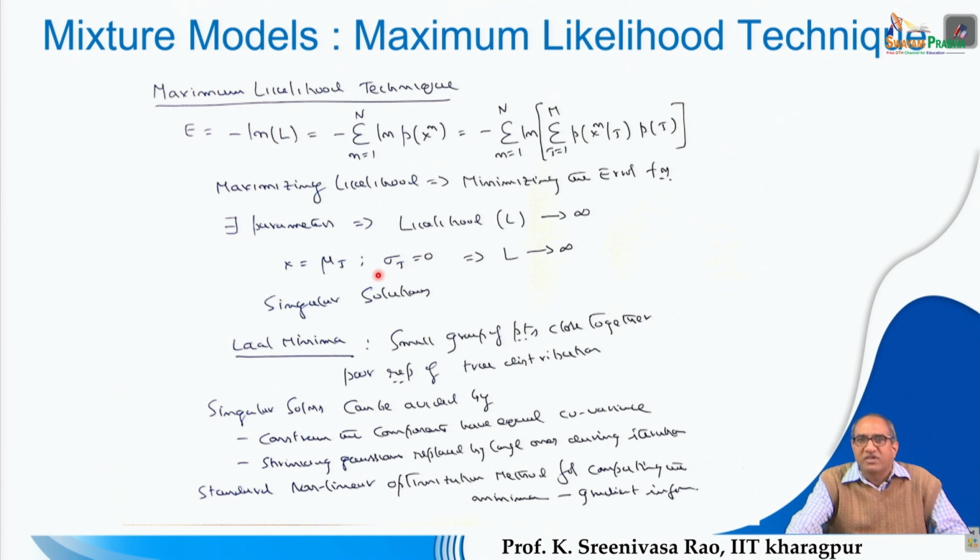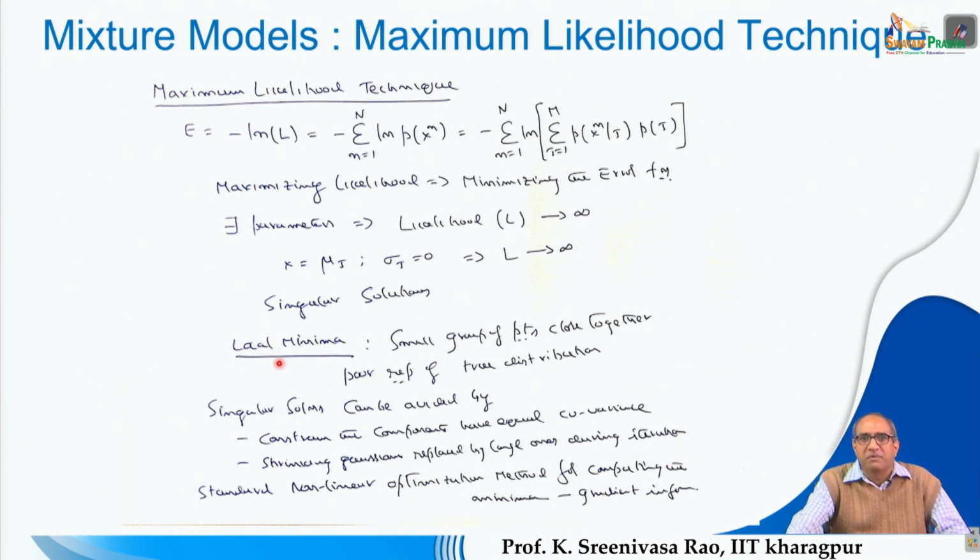Similarly, if the Gaussian width equals 0, at that place also the likelihood reaches infinity. So these are the singular solutions, and we can avoid them appropriately in each iteration. Whenever this occurs, you have to replace that data point, so that the singular solution can be avoided.